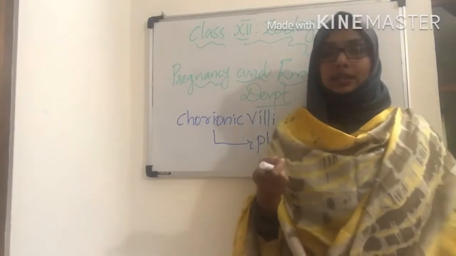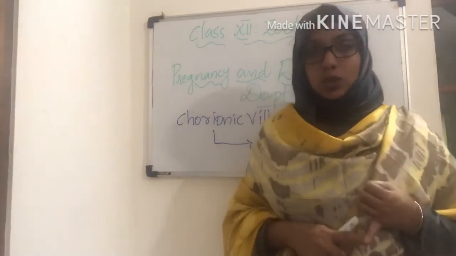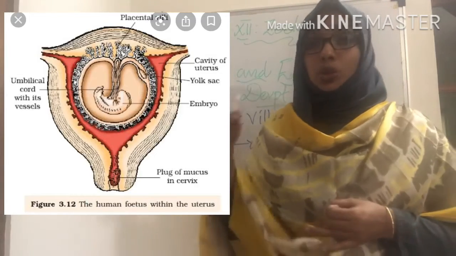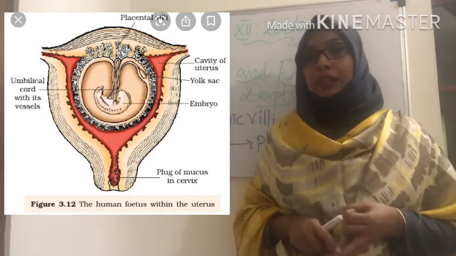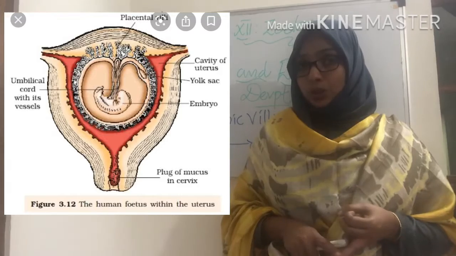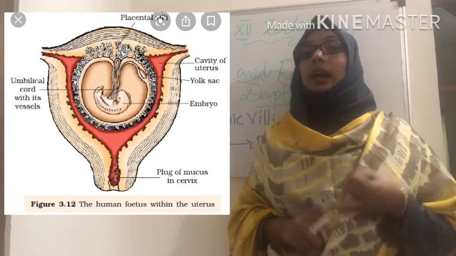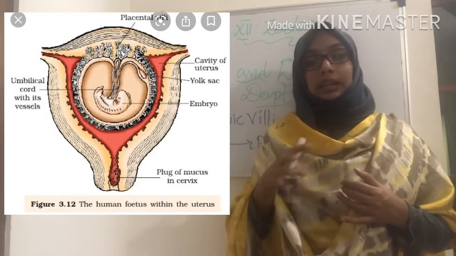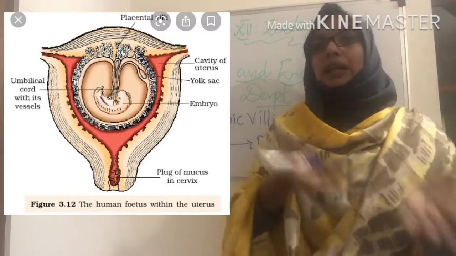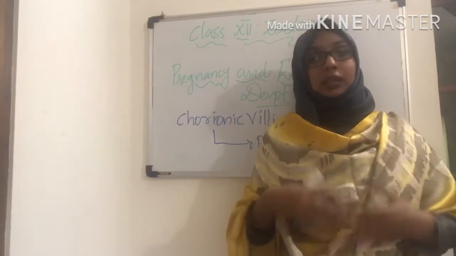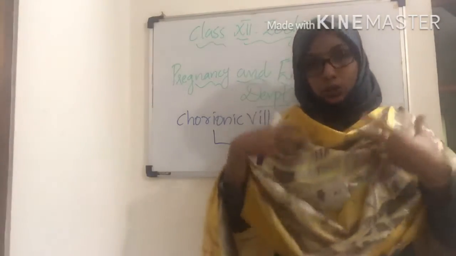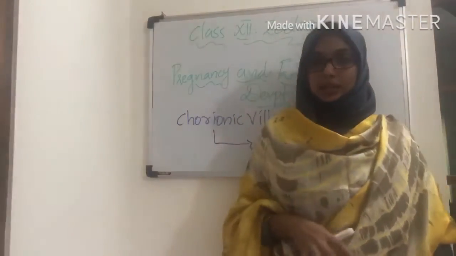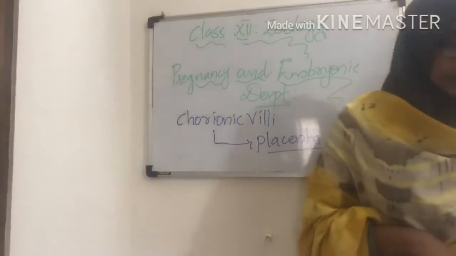Placenta facilitates the supply of oxygen and nutrients from the mother's blood to the fetus. Clear? Also, placenta collects the carbon dioxide and waste products produced in the fetus or baby back into the mother's blood, and they are excreted out through the mother's excretory products. Is that clear?